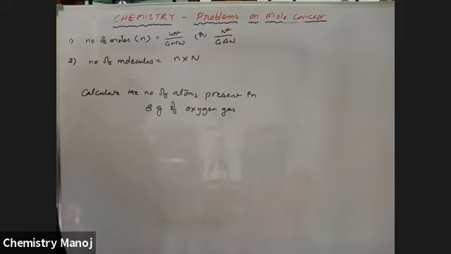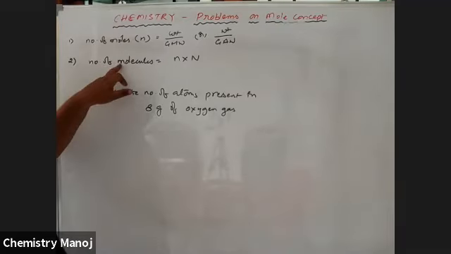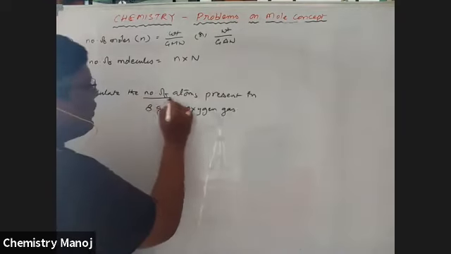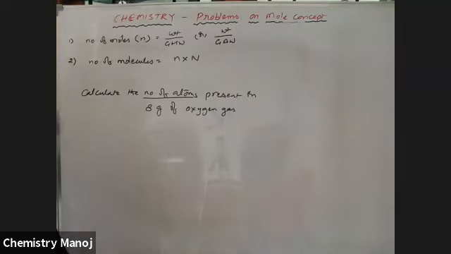How to calculate the number of atoms? Mind it, in your previous topic, it was the number of moles, but not the number of atoms. Now, how to calculate the number of atoms?